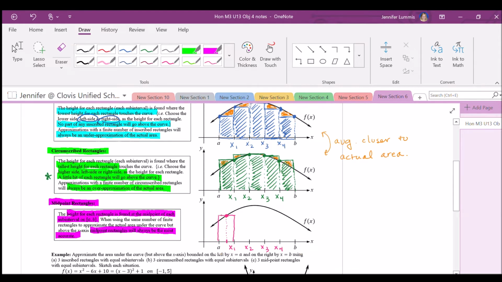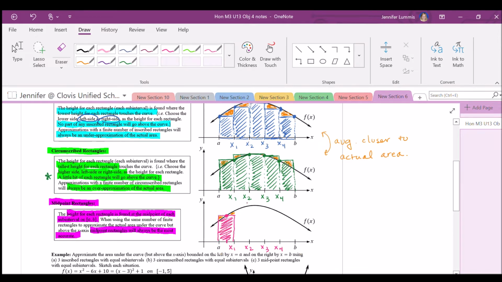Okay, and so you can see there's a little bit of area that ends up above the curve and a little bit of area that gets missed under the curve. Okay, and that's that first rectangle there.